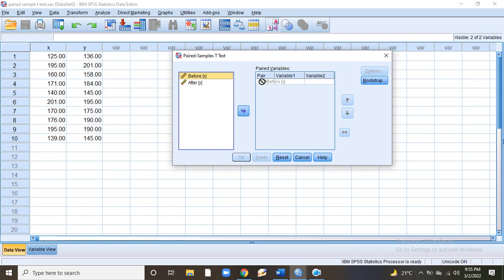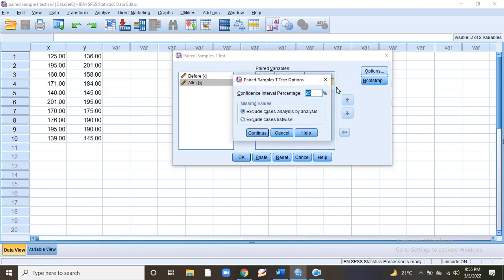Variable 1 we put here, and variable 2 we put here by dragging them, and we can click Options to specify the level of significance or confidence coefficient. Here we will put a 95% confidence interval percentage, and automatically the level of significance will be 1 minus the confidence level, which is 0.05.